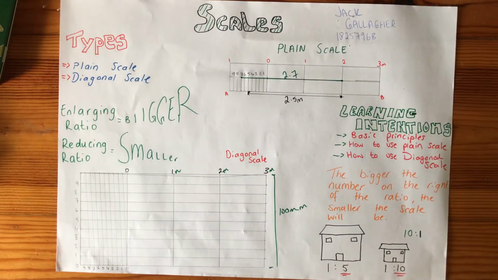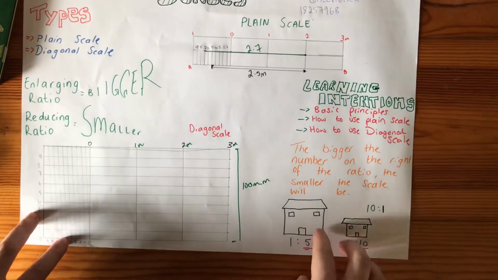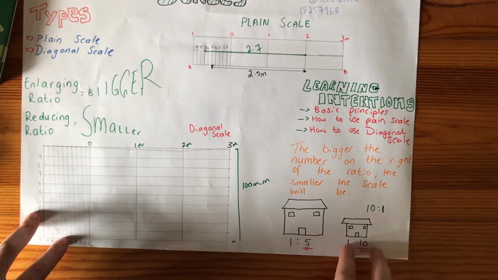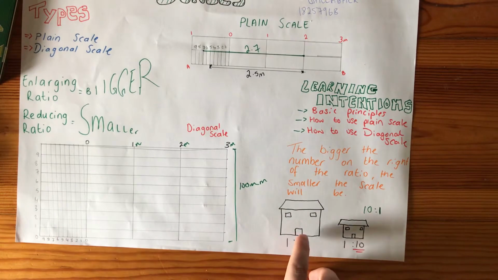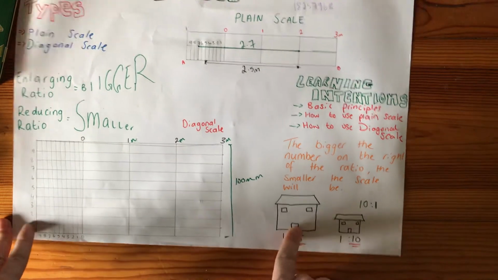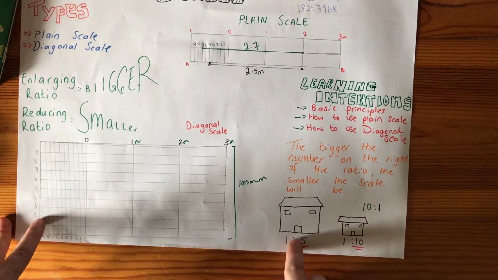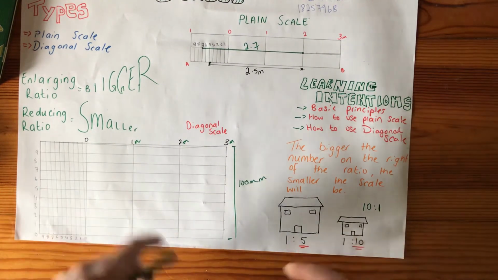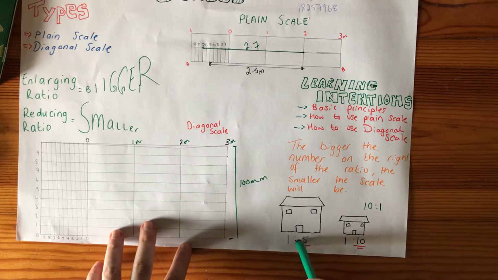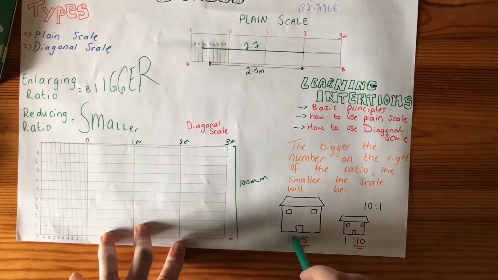So we have here an example of the reducing ratio. I just drew a very crude picture of a house. Say the scale is 1 to 5.